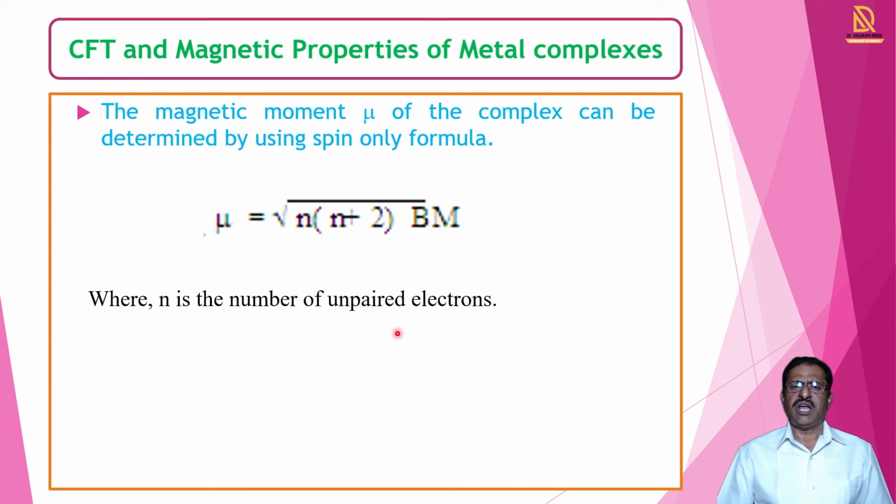By using that formula, we can find out the magnetic moment. Here n means the number of unpaired electrons, or number of spins. When we know how many unpaired electrons are present in the compound, then by putting in the value of n, we can find out mu, the magnetic moment.